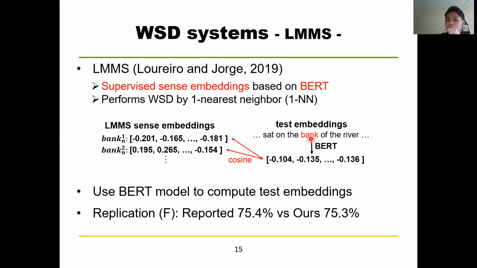And for the test word in the test context, we run BERT again to get the test contextual embedding. And we simply compare each sense embedding with the test embedding to compute the cosine similarity. In the end, we choose the sense with the highest cosine similarity as the final sense prediction.